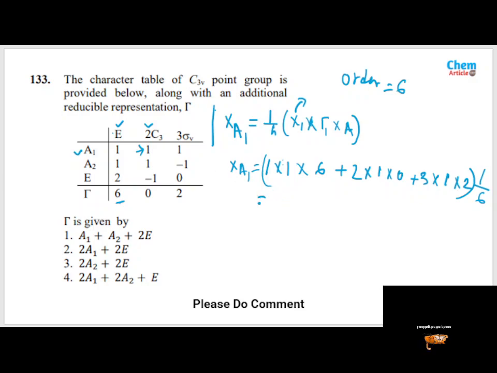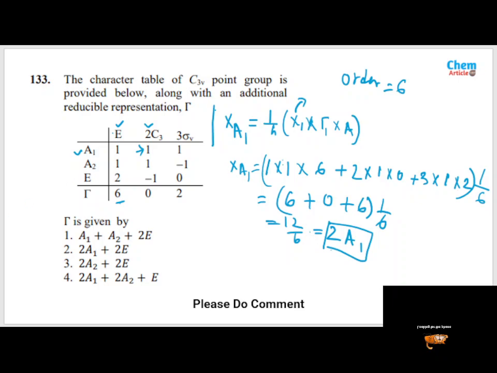So 6 plus 0 plus 6, that is 12 by 6, equals 2. The number of A1 is 2.